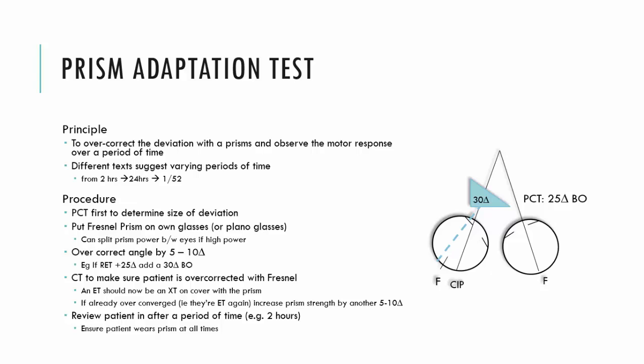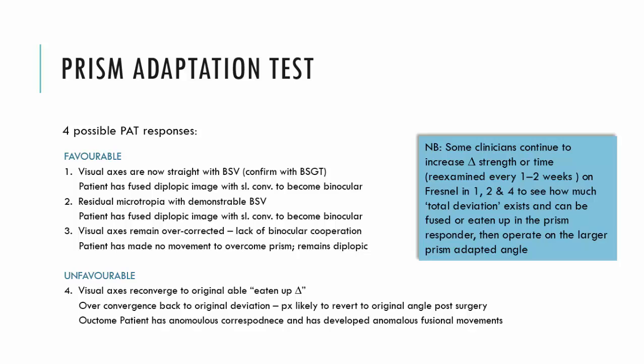Well, then what would happen is that you put 30 plus 20, so you send them away with 50. Okay, so you just keep adding until you see that the patient provides you with a favourable response. And it's suggested in that instance that you operate on the larger prism adapted angle. So if a favourable response occurs with 50, then you operate on 50.